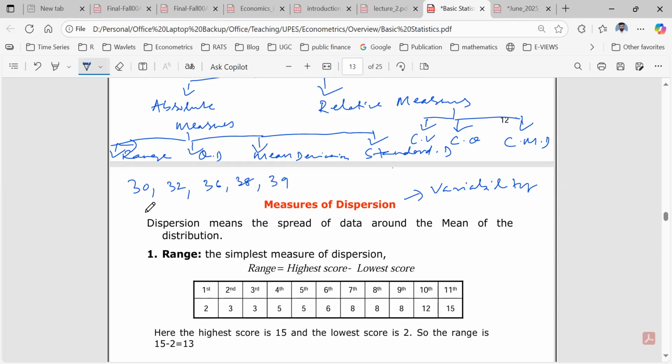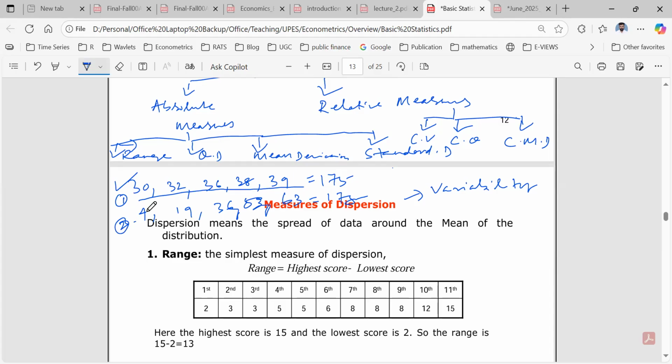Another series is 4, 19, 36, 53 and 63. If you add them together, this will be 175, and this will also be 175. But does that mean series 1 and series 2 are equal?